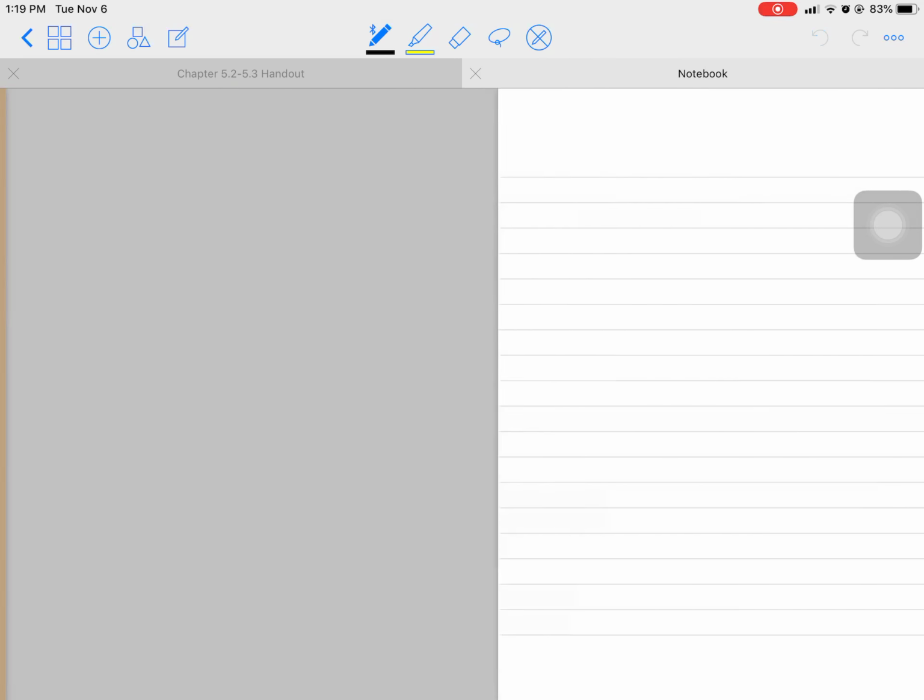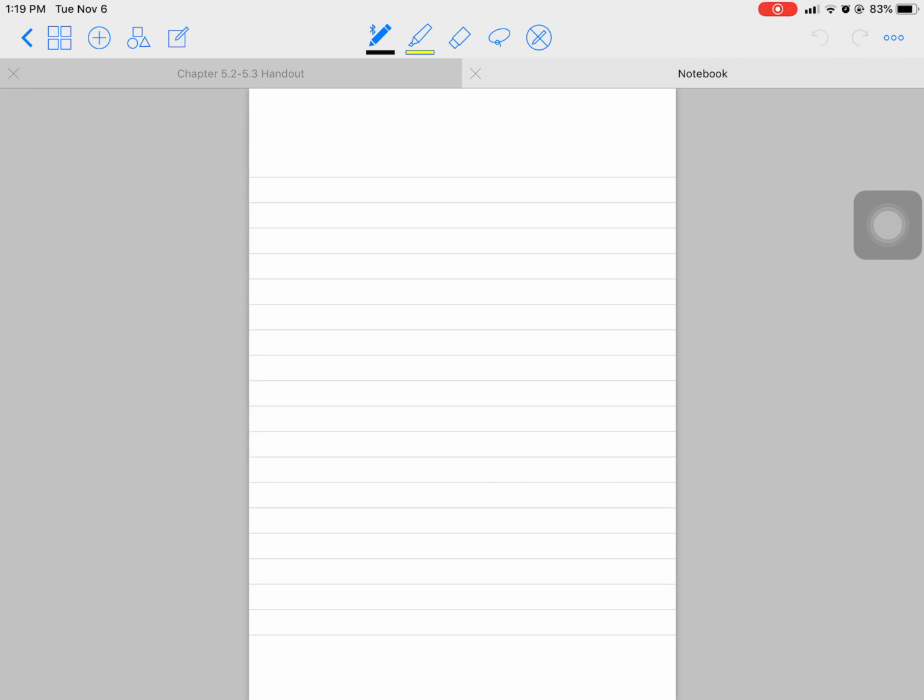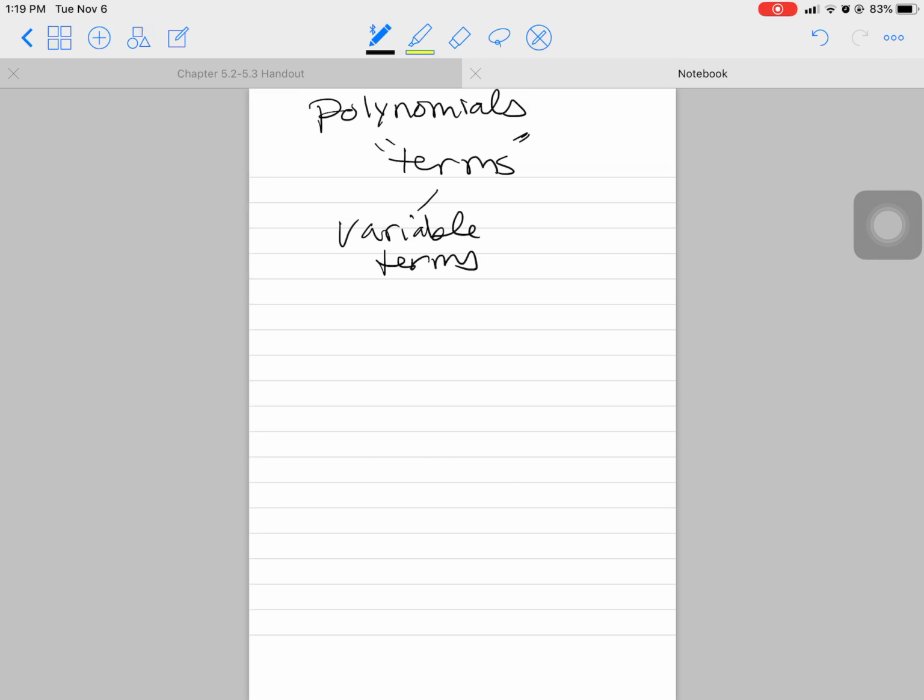Okay, so polynomials are made up of terms, and these terms, we used to refer to them as variable terms, because they had variables in them.